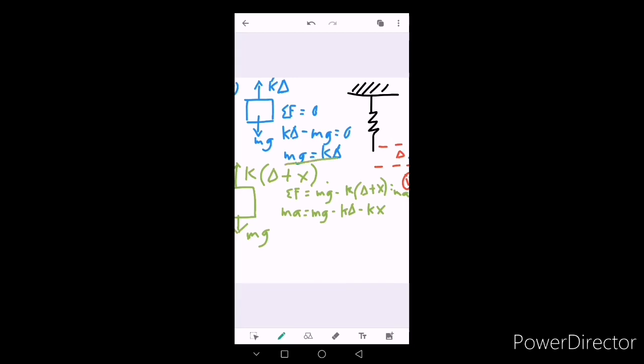Also, looking back at this equation, mass times acceleration is equal to mass times gravity minus k delta minus kx. So we could cancel out mass times gravity and k delta, and then mass times acceleration would be equal to negative kx.